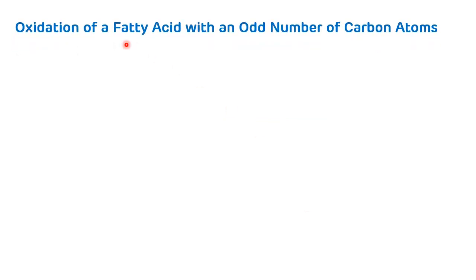Now, oxidation of fatty acid with an odd number of carbon atoms. We have seen the oxidation of fatty acid with an even number of carbon atoms. The oxidation of fatty acid with an odd number of carbon atoms is the same as that of beta oxidation of fatty acid.